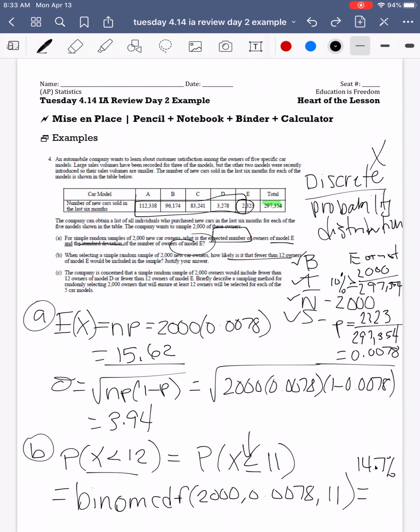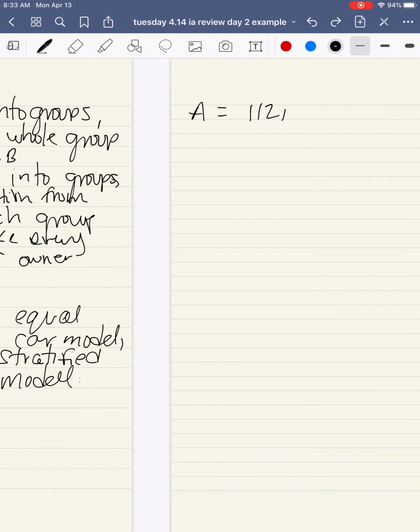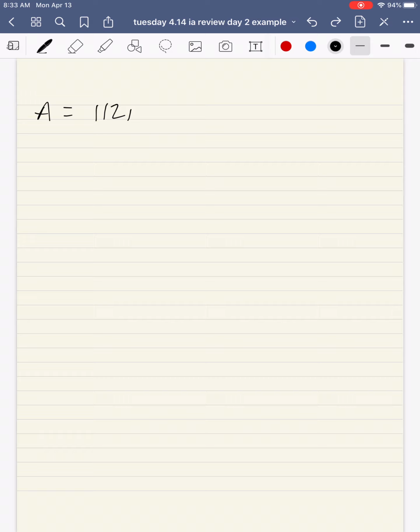So for model A, we have 112,338 over our total of 297,354. And then once we find this proportion, we want to multiply it by our 2,000, and that's going to give us our expected value for A.